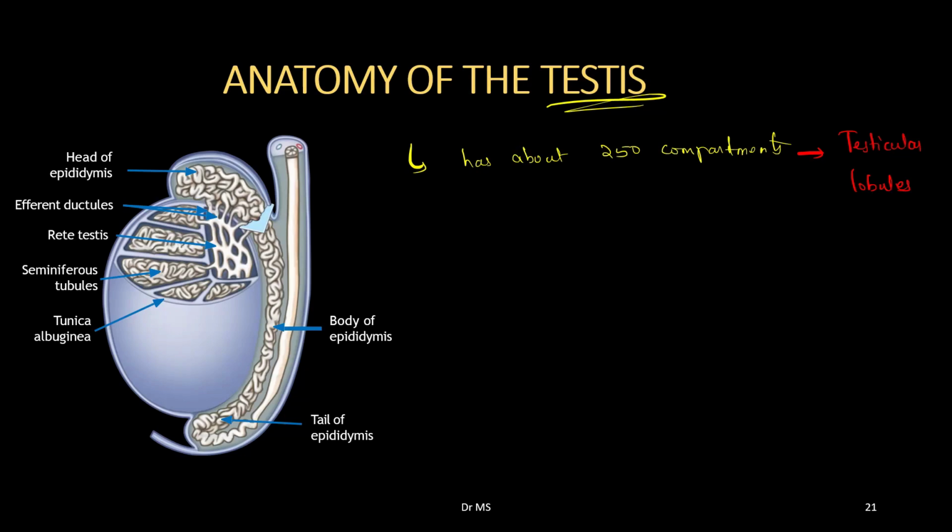Now, there are a total of 250 lobules, and each lobule contains one, two, three highly coiled seminiferous tubules.